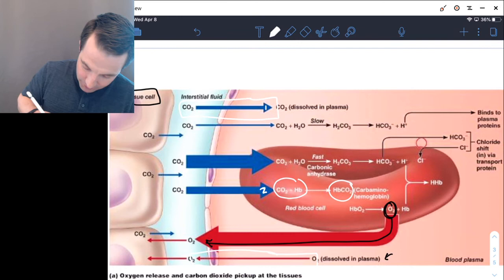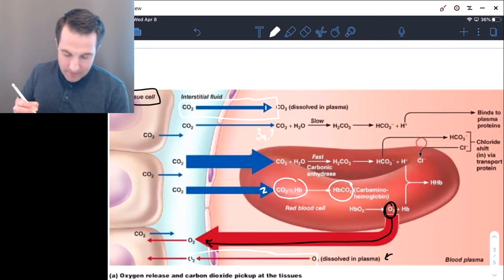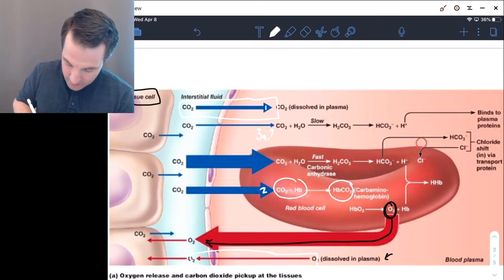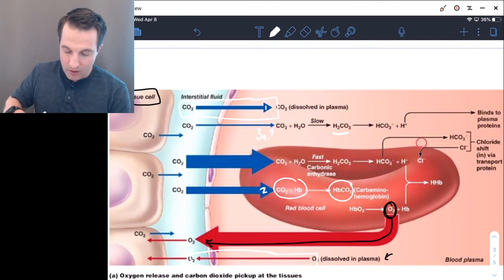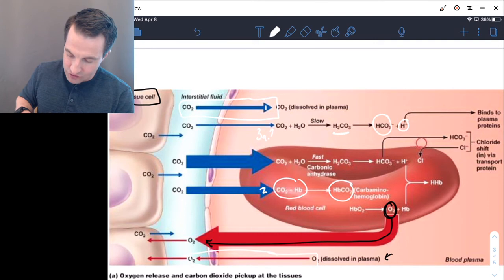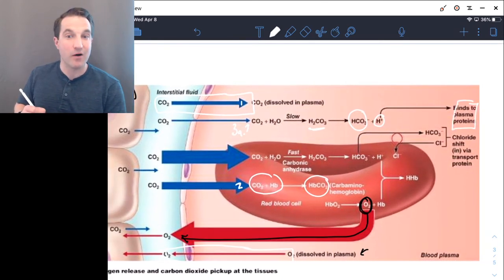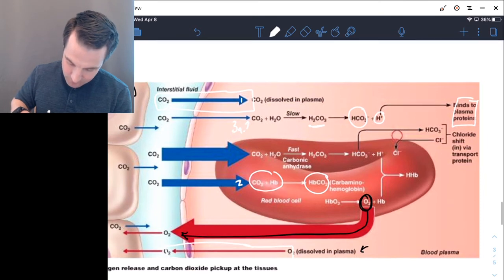Now, if we want to talk about 3A, that's this guy right here. Here's our slow combination of carbon dioxide and water into our carbonic acid, into our bicarbonate. Here's our hydrogen ion, which can bind to our plasma proteins, which act as that buffer. Okay?